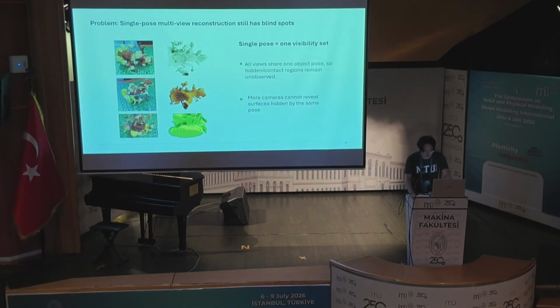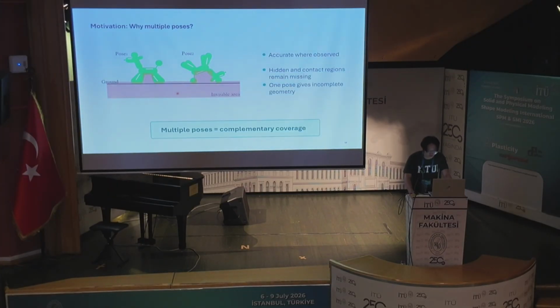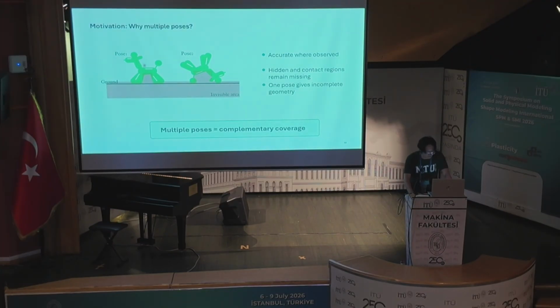This issue is not only the capability of the neural network. The more fundamental issue is that the data does not provide supervision for these regions. A natural solution is to change the object pose so that previously hidden surfaces can become visible. So we can see why multiple poses are useful. With one object pose, the reconstruction is accurate mainly in the observed regions, as shown in the puppy in pose 1.